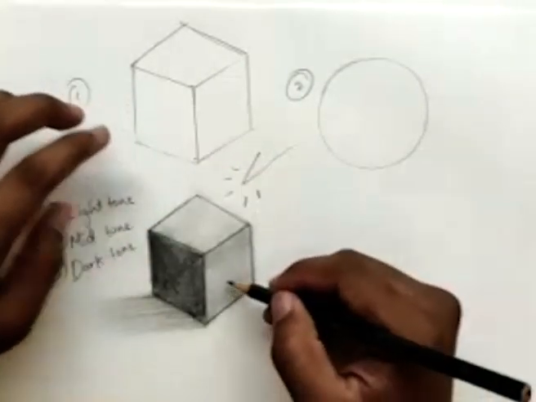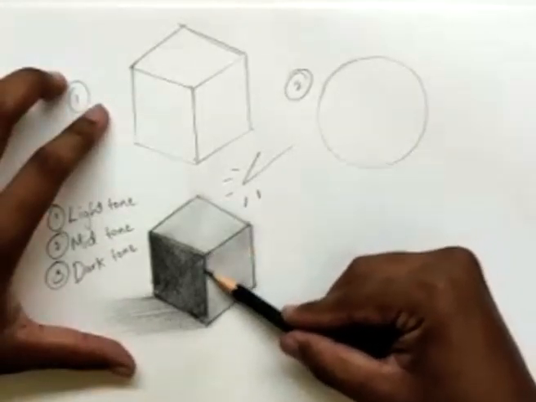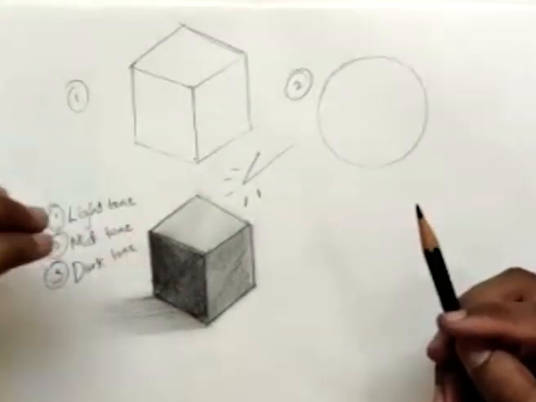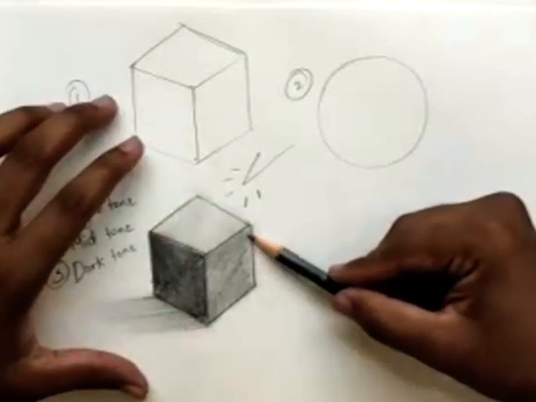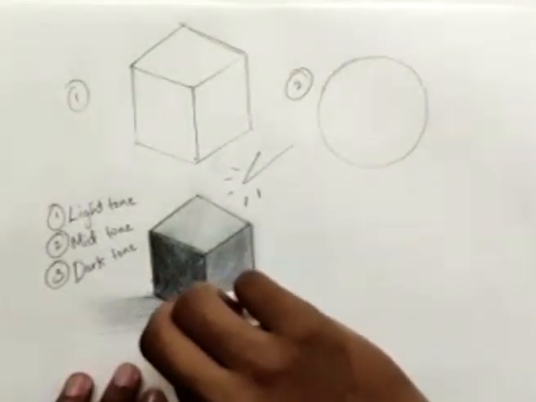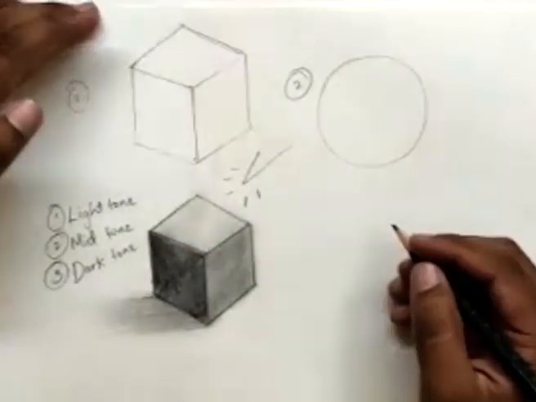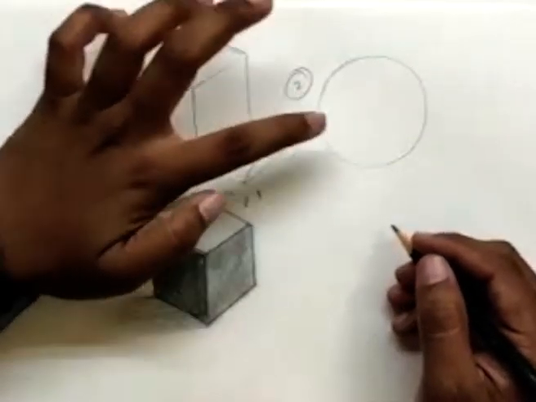You can make this mid-tone a little bit dark if you want to, just to show the 3 different tones. Like this. This is the cube.